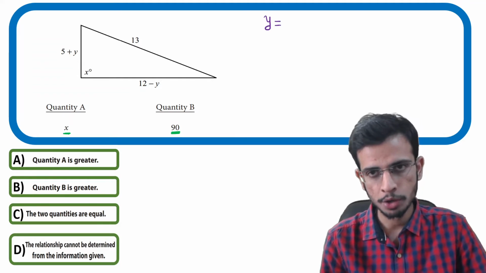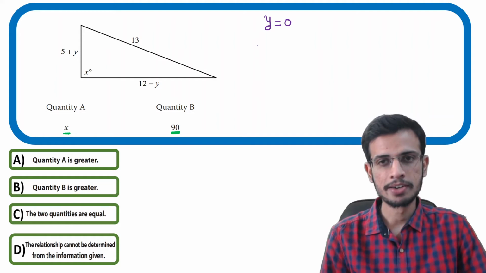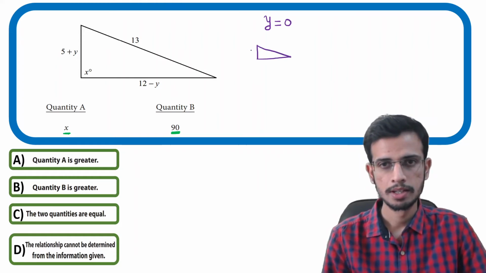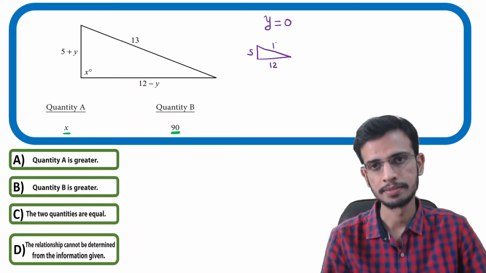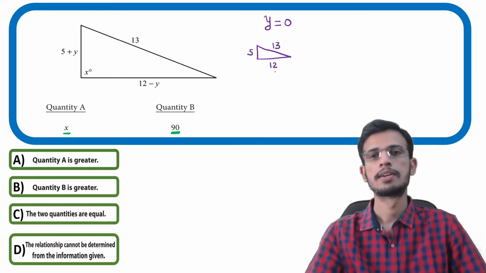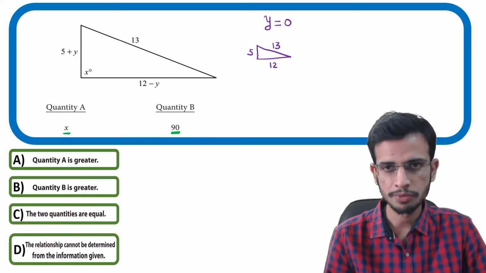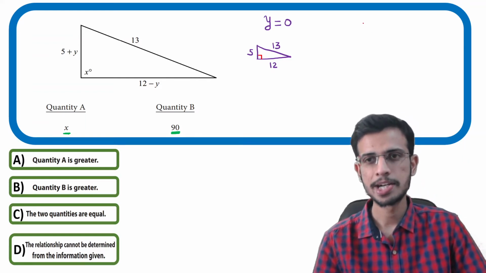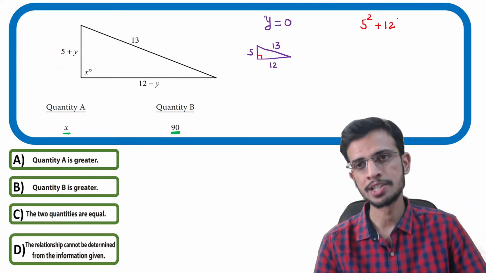If you put y equal to 0, then our triangle will become like this: 5, 12 and 13. It's a right angle triangle. It's satisfying Pythagoras theorem, right? 5 square plus 12 square is equal to 13 square.